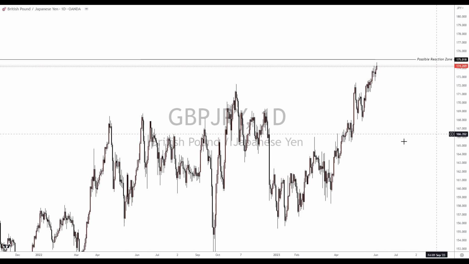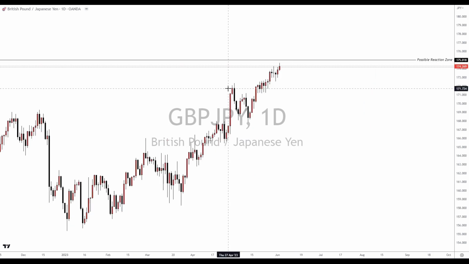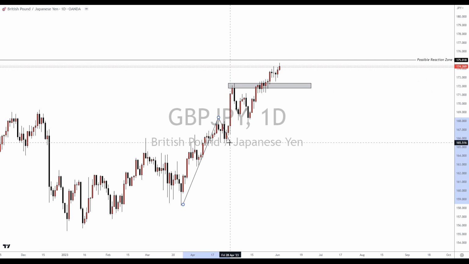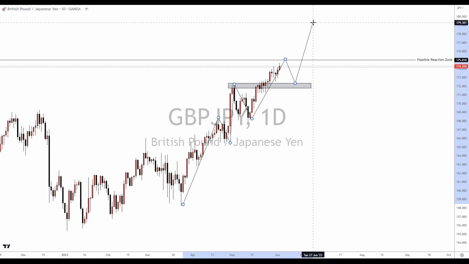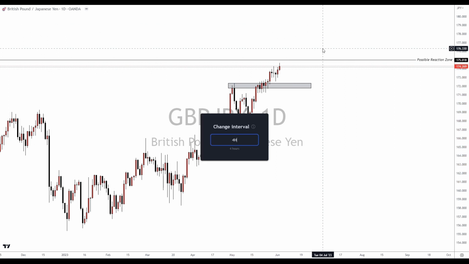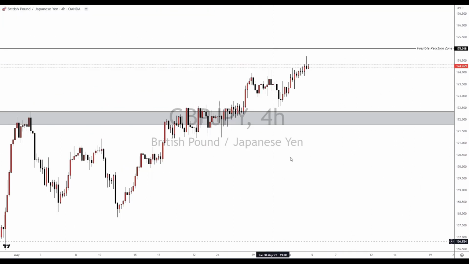On daily, you're going to see a recent broken structure that price can most probably come back to retest, but that might happen after we have reached our reaction zone.